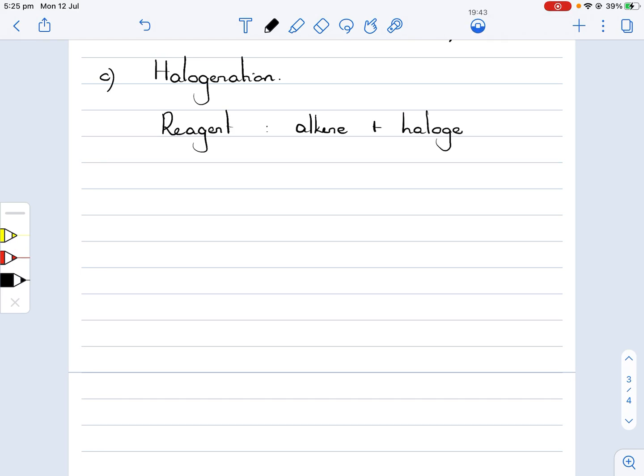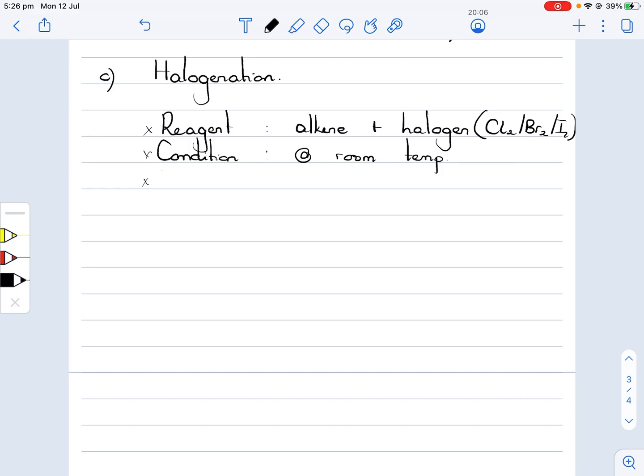Remember, halogens are the ones in group 7, which include chlorine, bromine, and iodine. For the condition for this reaction to occur, this reaction can simply occur at room temperature. There's nothing special that is required for this reaction to occur.